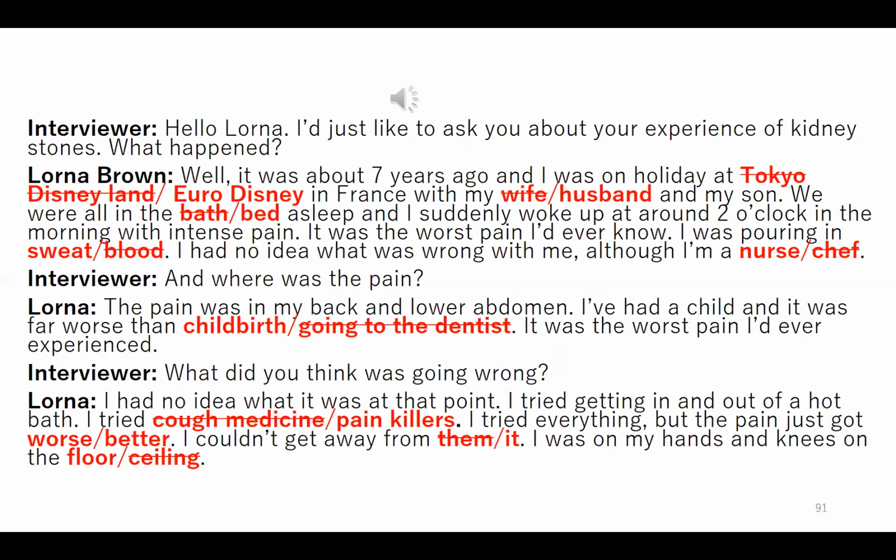I always liken it to the fact that I've had a child, and it was far worse than childbirth. It was the worst pain I'd ever experienced. You're a nurse. What did you think was going wrong? I had no idea what it was at that point. I tried getting in and out of hot baths. Everyone else was still asleep in the hotel. I tried painkillers, I tried everything, and the pain got worse. I couldn't get away from it. I was on my hands and knees on the floor.